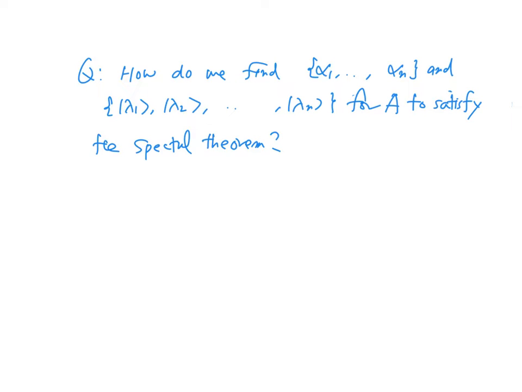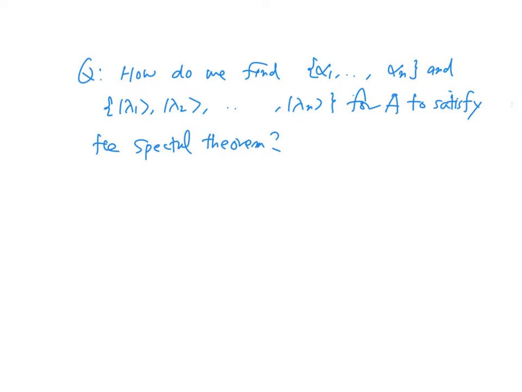We learned that using the spectral theorem we can do many convenient things like multiplying the matrix many times, right? We considered multiplying some particular matrix a million times or 100 million times. If you just actually multiply, even for a 2 by 2 matrix, a million times, it will take a lot of time.